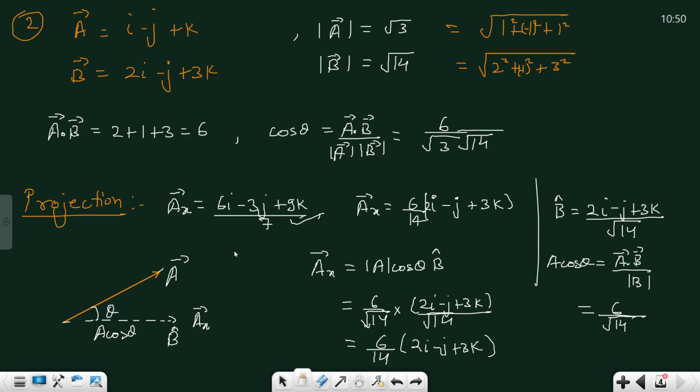When you multiply this B cos theta with the unit vector A, you will get the projection of B on A. Clear? So that's all about dot product and its projection.